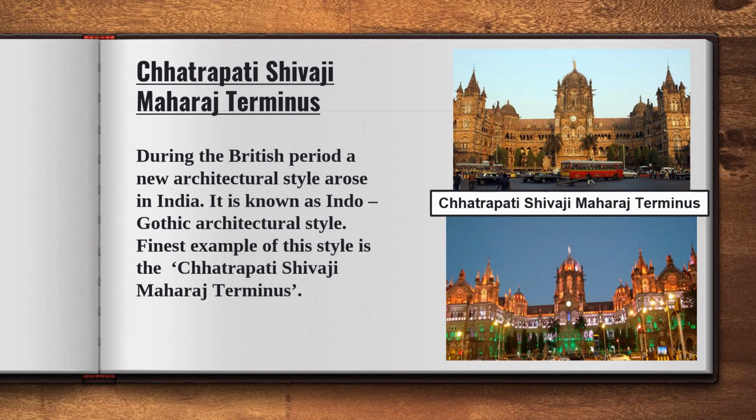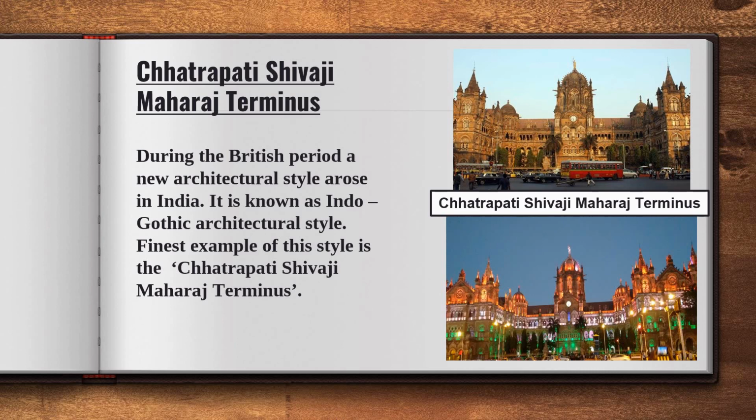Structures built in the Indo-Gothic style in India were mainly grand public buildings like clock towers, courthouses, colleges, town halls, offices, railway stations, etc. Also, it included churches, government offices, and residences of top officials.